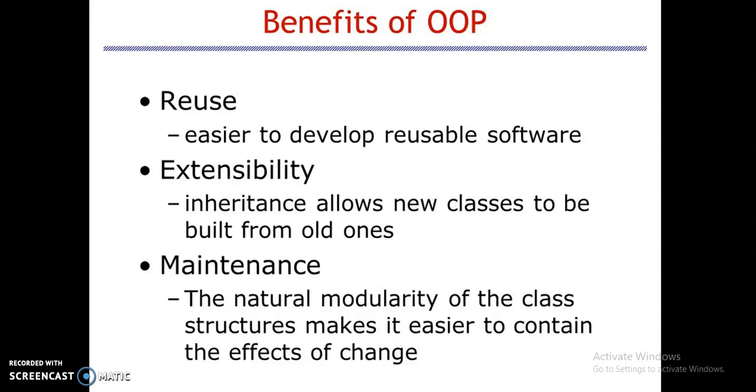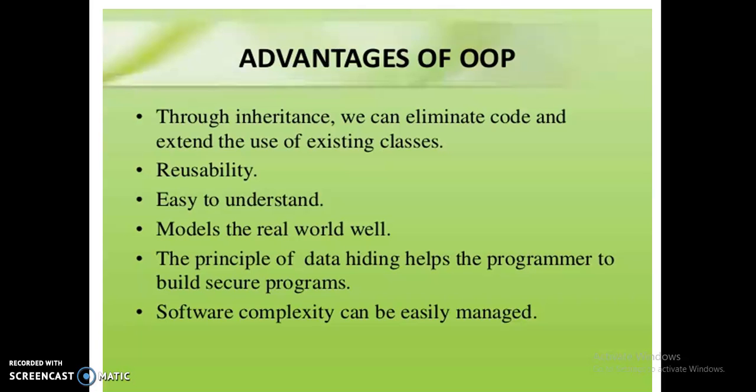And maintenance: the natural modularity of the class structures makes it easier to contain the effects of change. Maintenance means if you finish the project using this OOPS concept and a problem arises after the delivery, it is easy to maintain, because the natural modularity of the class structure makes it easier to contain the effects of the change. Then the advantages of OOPS.